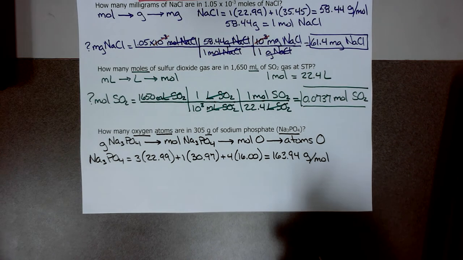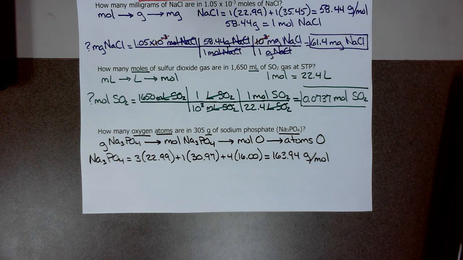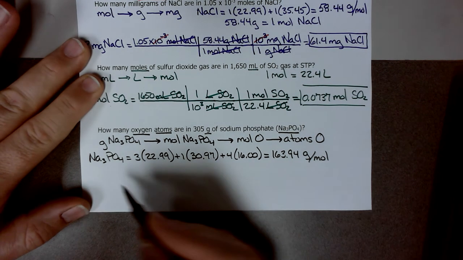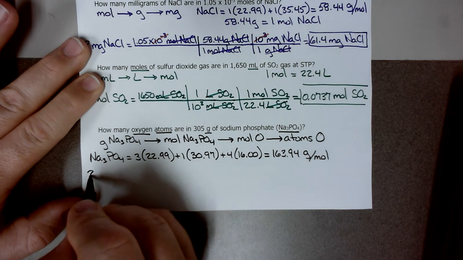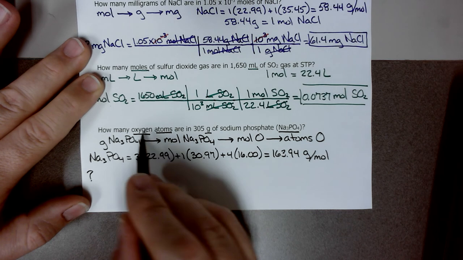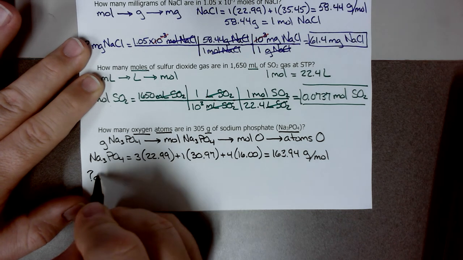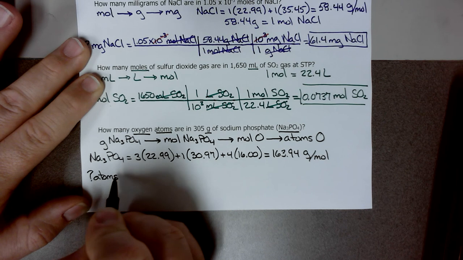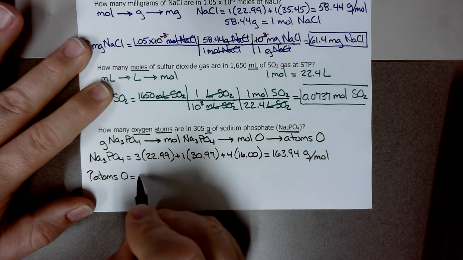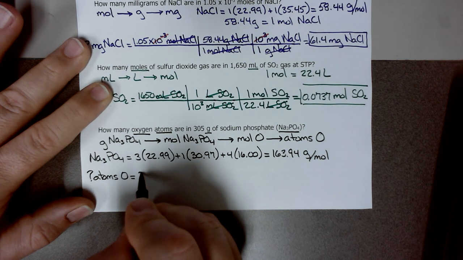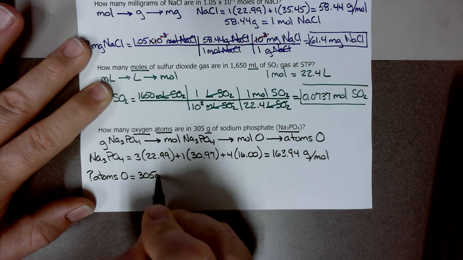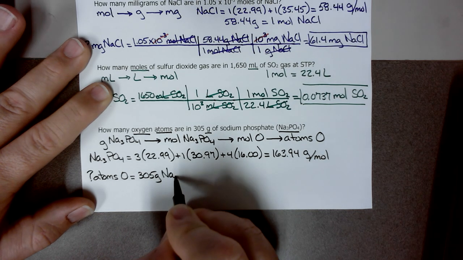So let's go ahead and do the problem now. I'm going to start with my question mark. I am looking for atoms of oxygen, and I know I have 305 grams of sodium phosphate.